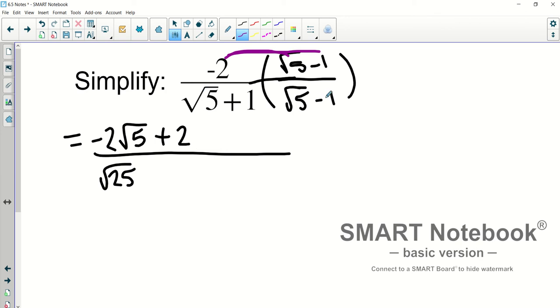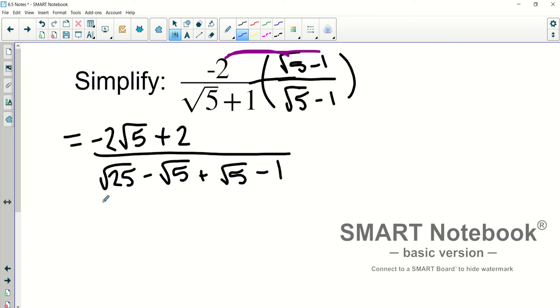Square root of 5 times negative 1 is negative 1 square root of 5. I don't have to put the 1 in front. If you want to, you can. Now I have 1 times square root of 5, which is plus 1 square root of 5. Again, you don't have to put in the 1 in front. And then you have 1 times negative 1, which is negative 1.